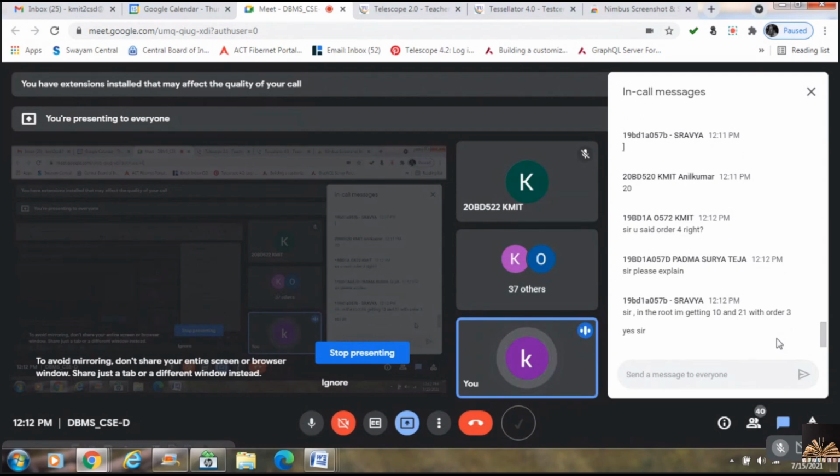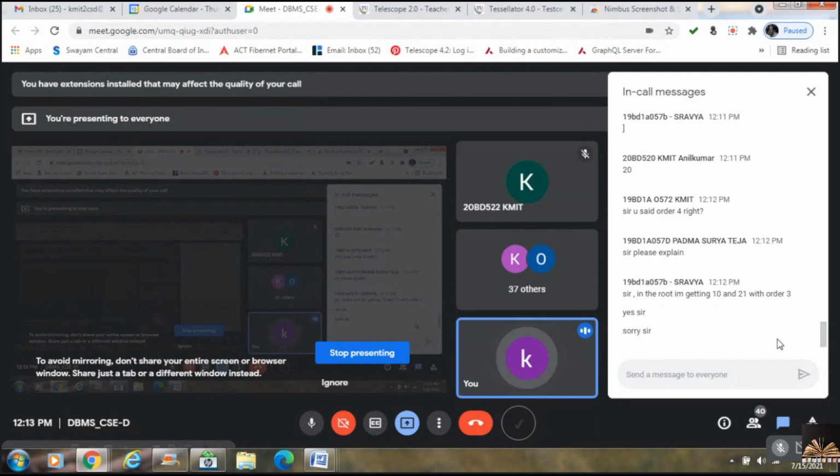Okay, not an issue. If you understand the process, that is fine. But see to it that you do it with the right order, whatever is given to you. At the beginning, I told you order is 4.